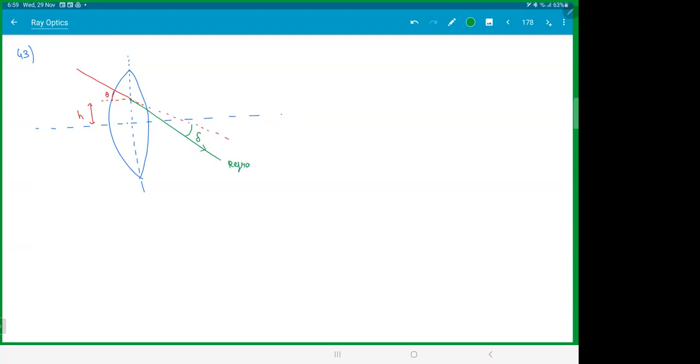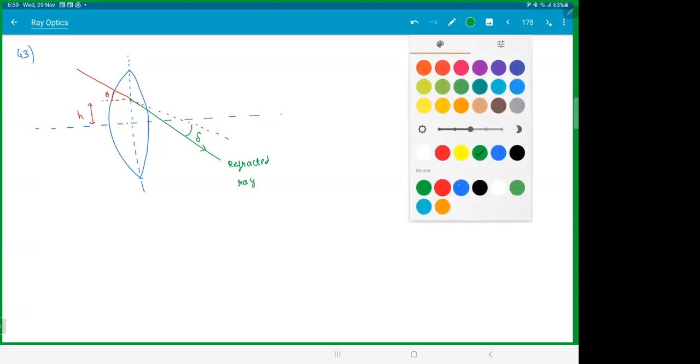This is your refracted ray. Focal length of the lens is f.